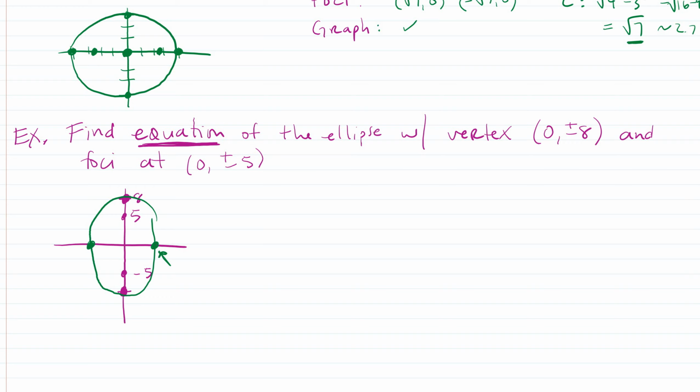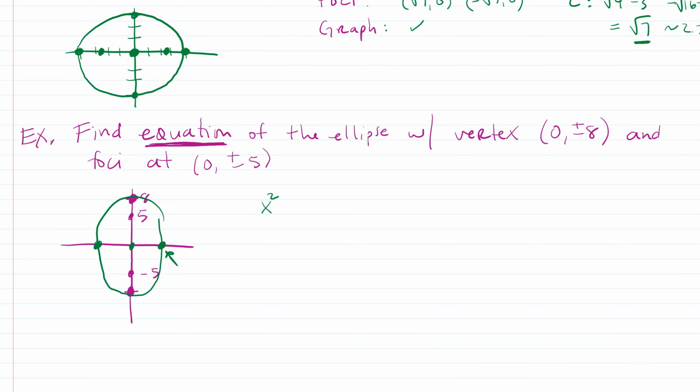Okay, so the general format is to recognize that this has a center at (0, 0) again, and because it is oriented vertically, the number underneath the y squared is going to be bigger than the number underneath the x squared, equals 1. Okay, a, b, and c. a is the distance between the center and the vertex.